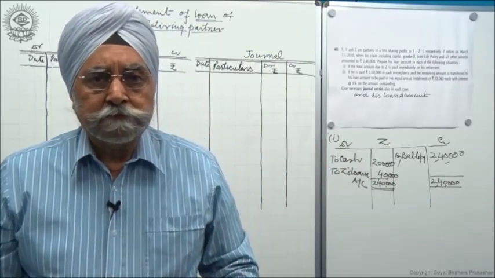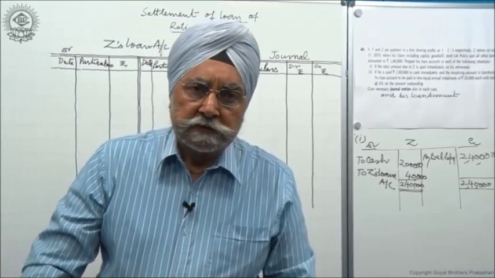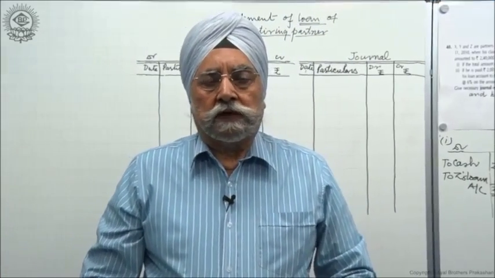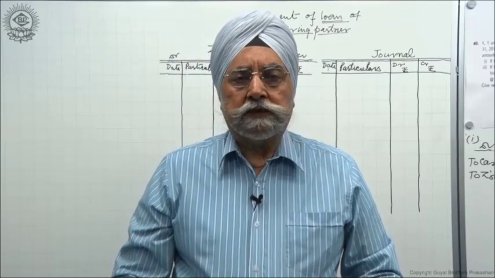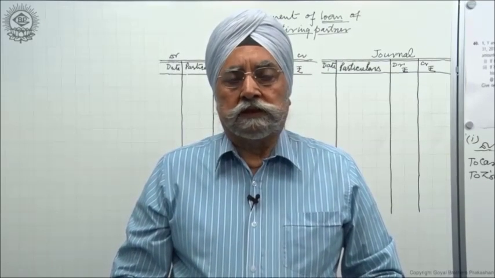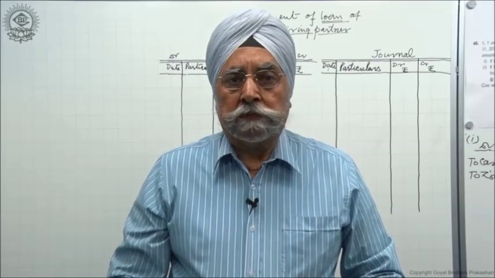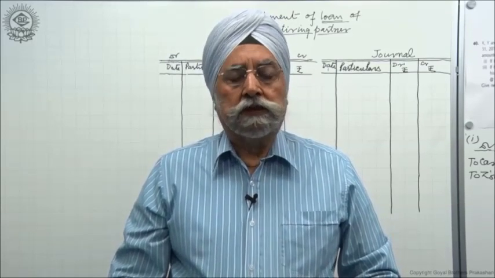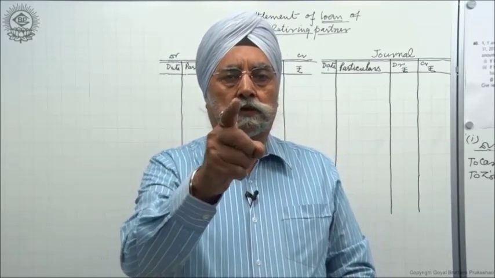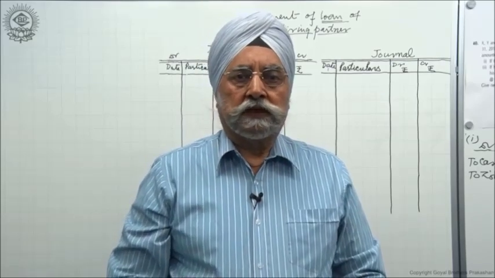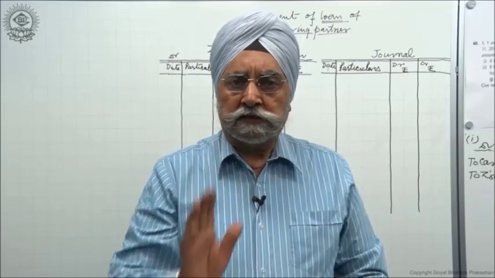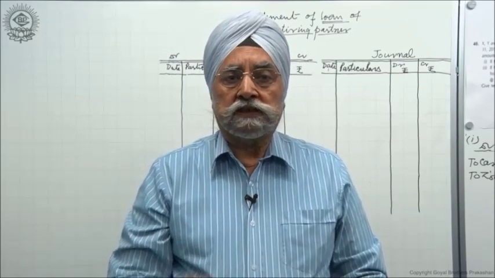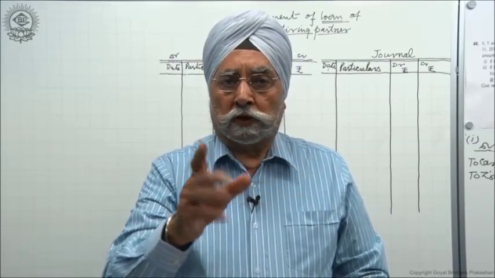So it implies that when all the capital accounts have been prepared and the amount due to the retiring partner is to be settled, number 1, close his account. How? Either pay the entire amount in cash, crediting cash, or transfer the entire amount to the loan account.